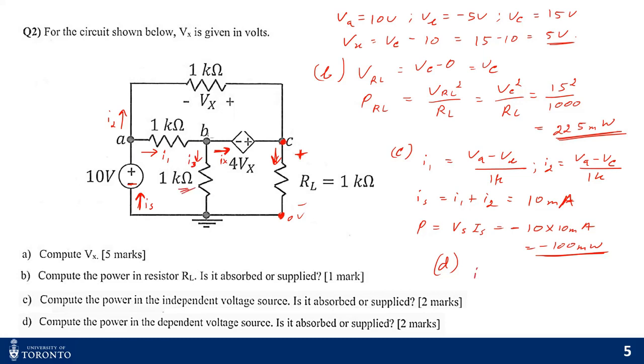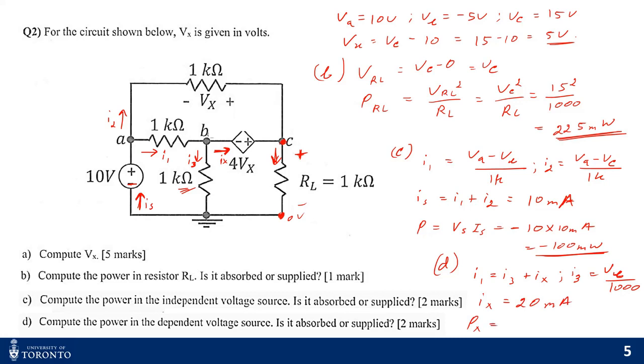So I1 should be split up into I3 plus Ix. Now we have to find out Ix. What's my I3? I3 is basically VB by 1K, and I know my I1. So I can find my Ix, and it's going to be 20 milliamps.